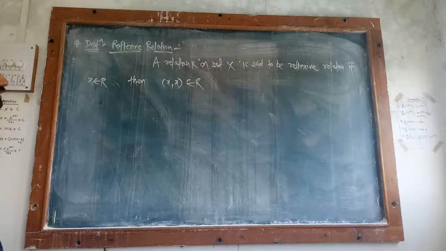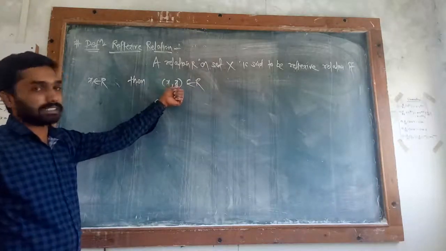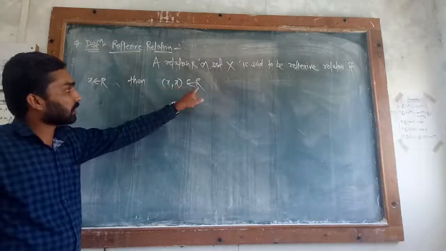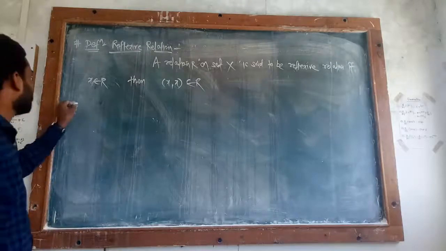What is a reflexive relation? A relation R on set X is said to be reflexive if x is a member of X, then the ordered pair (x, x) belongs to R. That means the element and itself, the ordered pair, is a member of R, then this relation is said to be reflexive. Let us take the example.